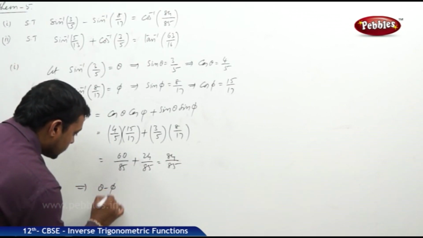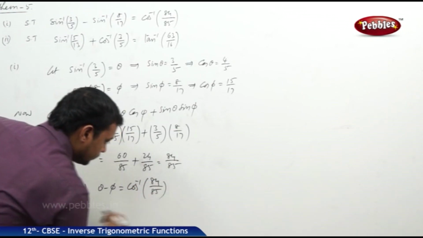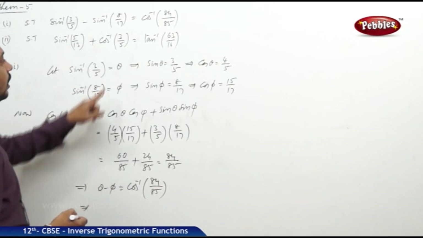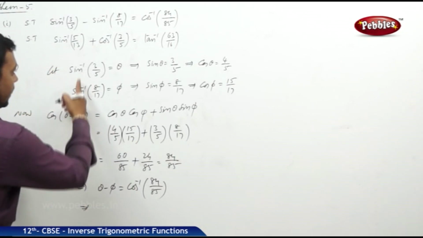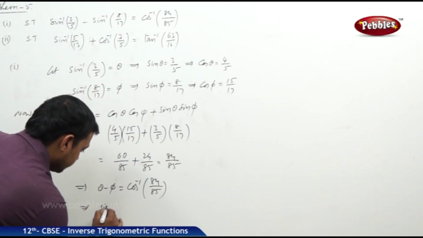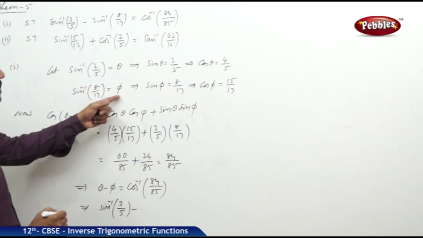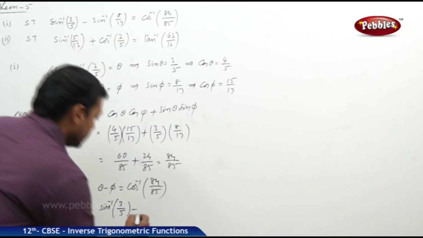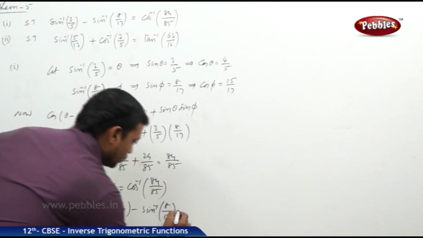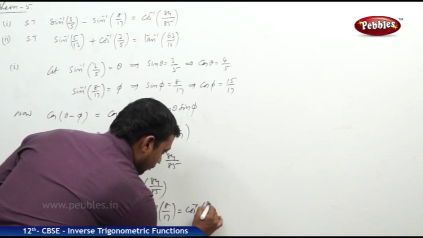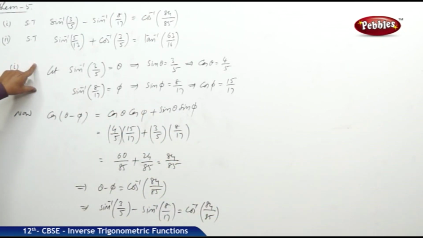It leads that theta minus phi is equal to cos inverse 84 by 85. But what is theta? Theta is equal to sin inverse 3 by 5. So replace theta by sin inverse 3 by 5, minus phi, which is sin inverse 8 by 17, is equal to cos inverse 84 by 85. So that is the first question.